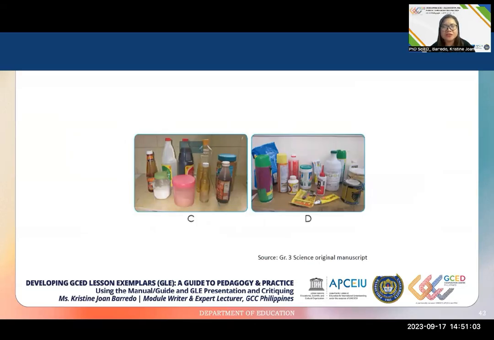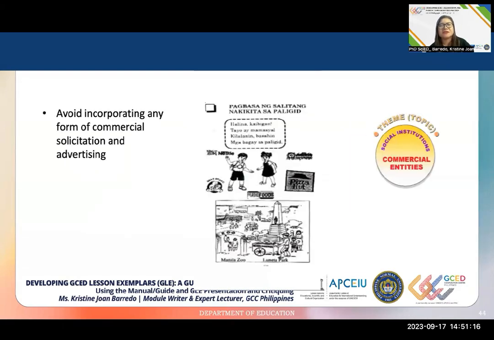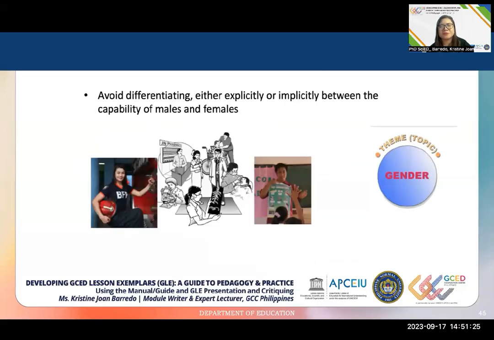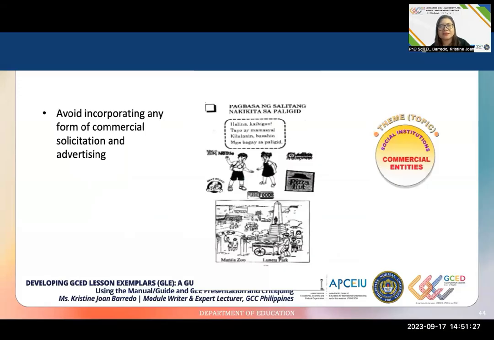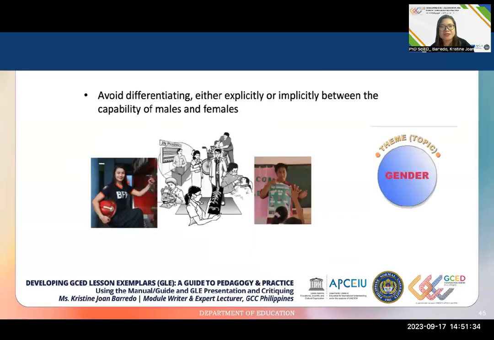Katulad nito, acceptable yan na hindi nakikita yung brand nila. So, these are the cooking materials and disinfectants. So, avoid incorporating any form of commercial solicitation and advertising. Huwag po maglagay ng Pizza Hut, Purefoods, Bear Brand, hindi po nilalagay dapat yan sa ating mga lesson exemplars.